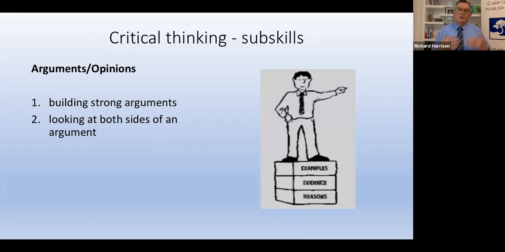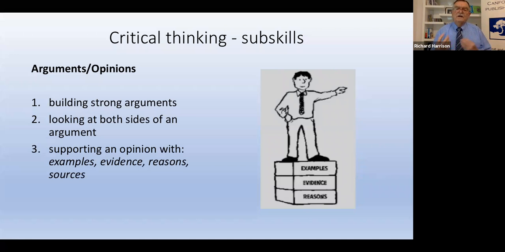So first of all, under the heading of arguments and opinions, building a strong argument, looking at both sides of an argument, supporting an opinion with examples, evidence, reasons, and sources.